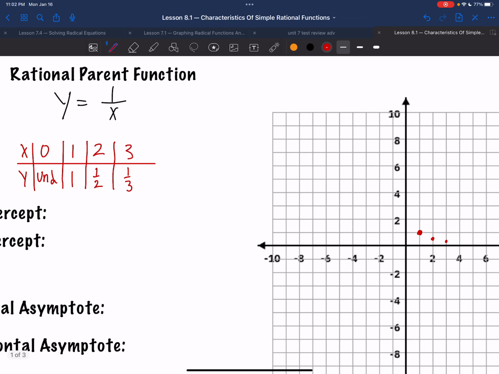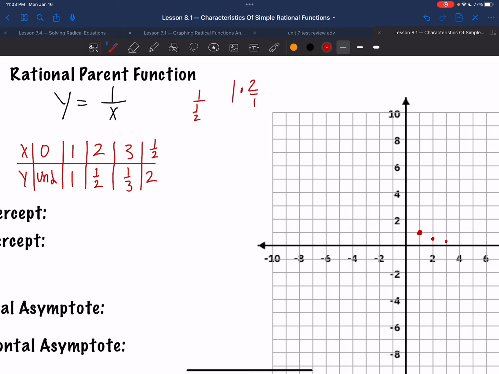We could test fractional x's. Notice if I try, let's say x is 1/2, then this is 1 over 1/2. And if you can recall your division of fractions, keep the numerator, change division to multiplication, flip the denominator. This is 1 times 2, which is 2.